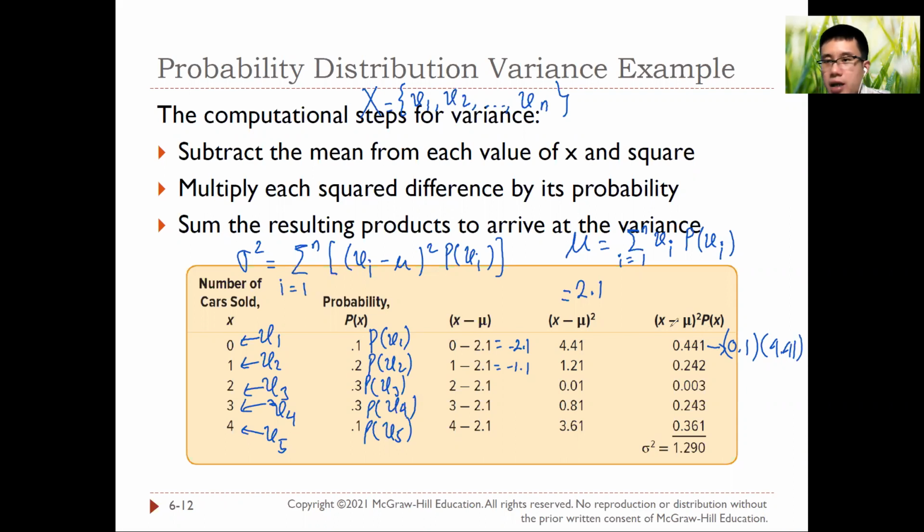You can do a similar thing with the next cells, and if you sum them up, the value of sigma square is 1.29 like this. And of course, if we want to find the standard deviation or sigma, we can take the square root of 1.29, and you can get the value of sigma. Well, I think this is a good illustration for mean and also the variance and the standard deviation.